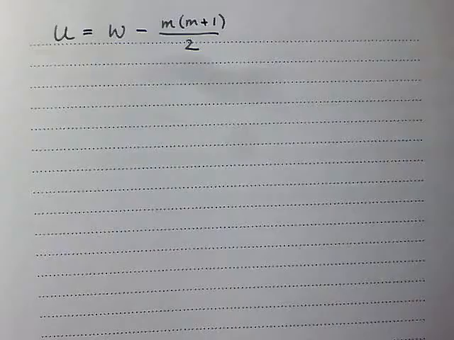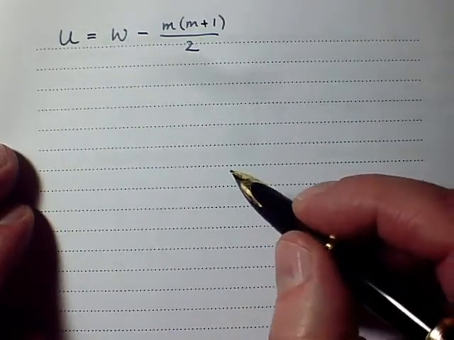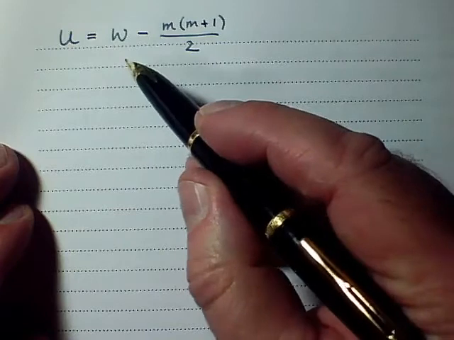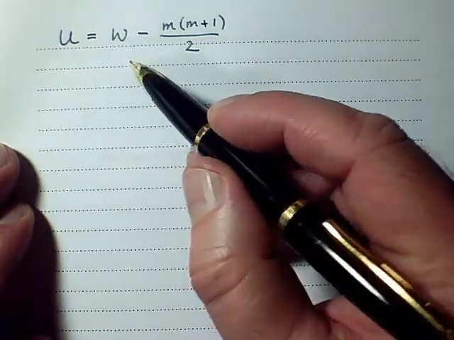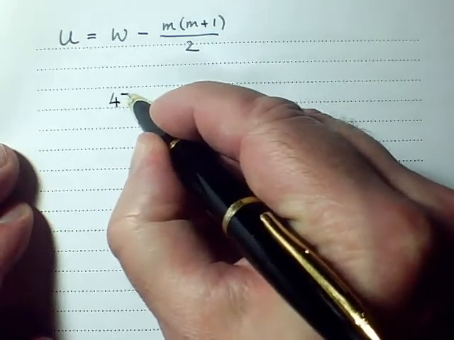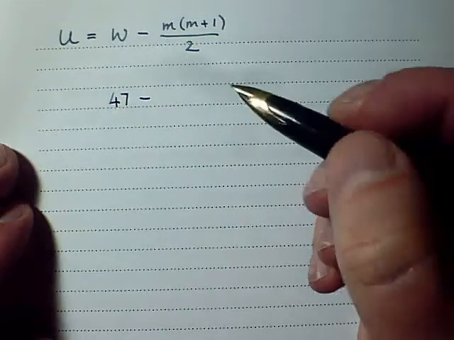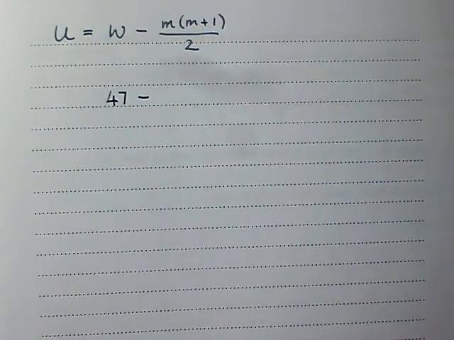And I can take either of these W values and convert it into my test statistic U. So here's my formula for U, and of course this is given in the formula book. So I could do this with either of the values I got earlier. So if I do the first one, I could do the 47 minus, now the value of M is the number of items in that sample that we're totaling.